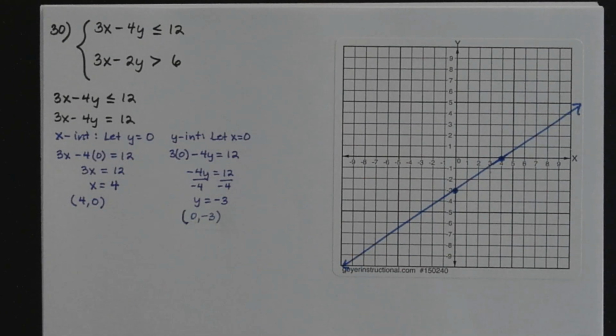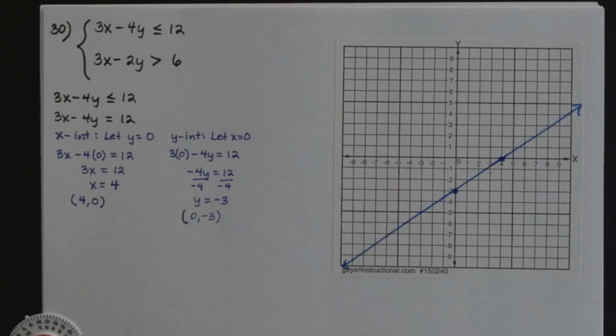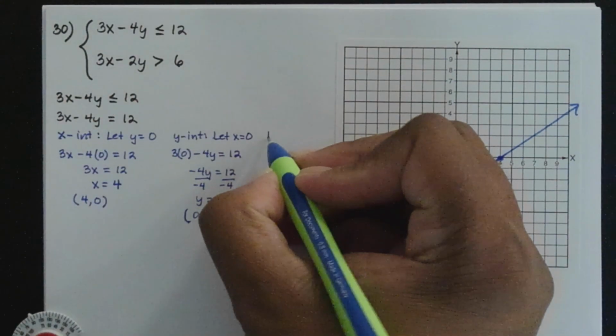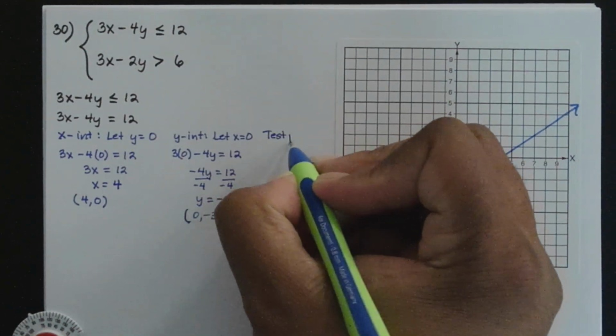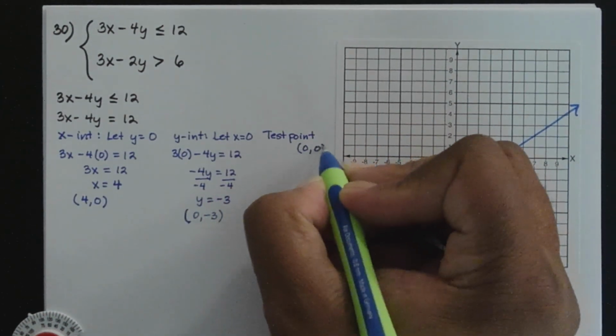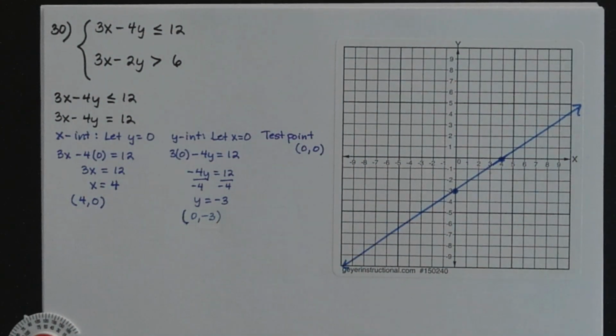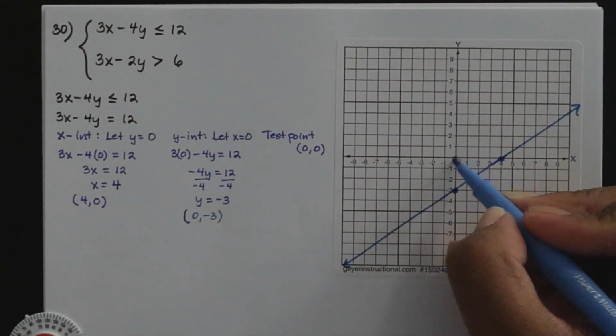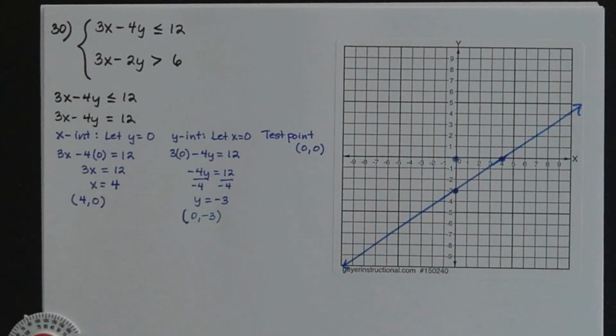Now, I need to determine which side I need to shade. So what I'm going to do here is select a test point. Whenever possible, a good test point would be the ordered pair 0, 0, just so long as that point is not on the line. So a good test point would be right here, 0, 0.